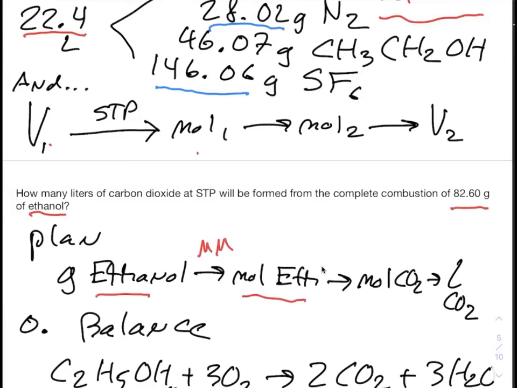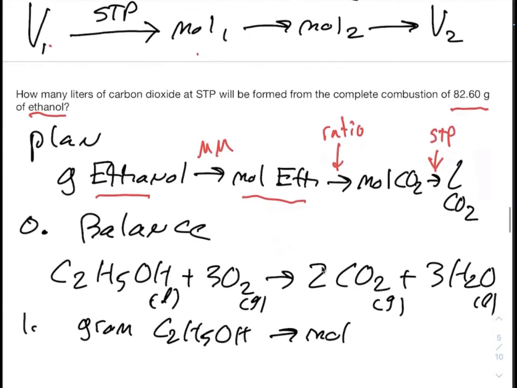And then once I have the moles of ethanol, I can use the mole ratio to find moles of carbon dioxide. Once I have moles of carbon dioxide, because I'm at STP, I can use the STP conversion to find the liters. Okay, so like other stoichiometry, before I do anything, I better make sure I have a balanced equation, right?